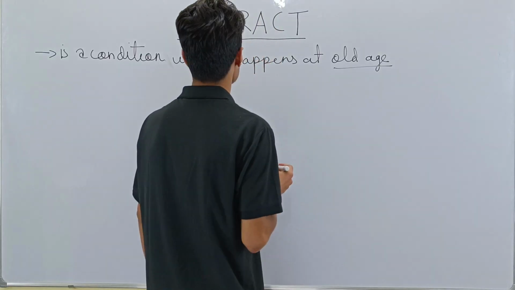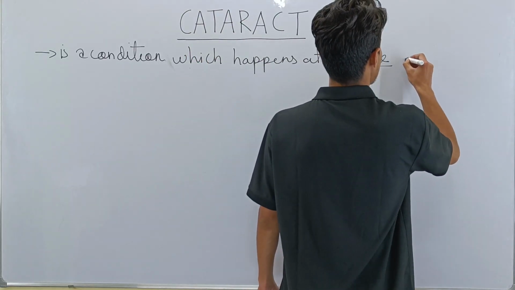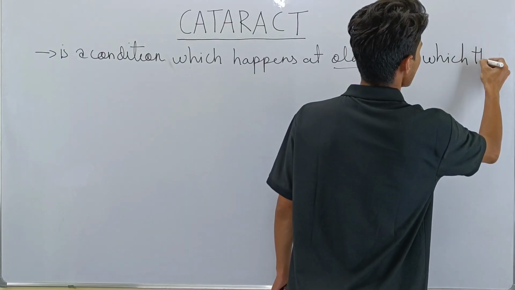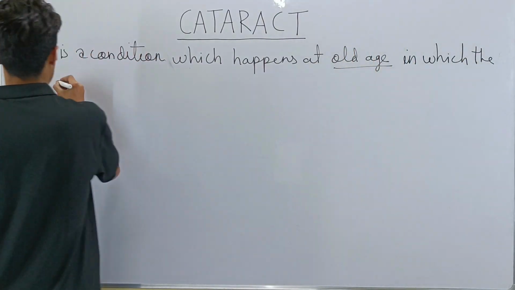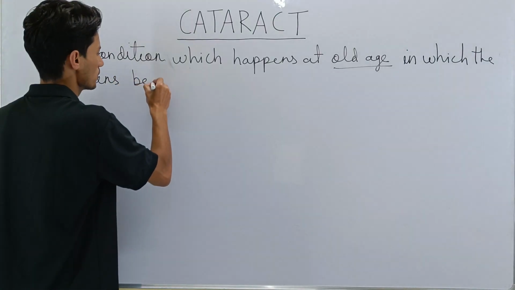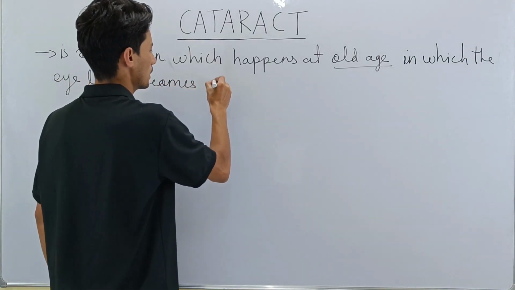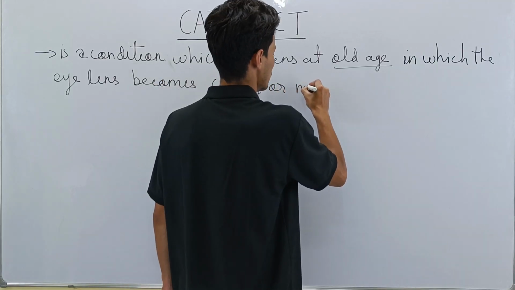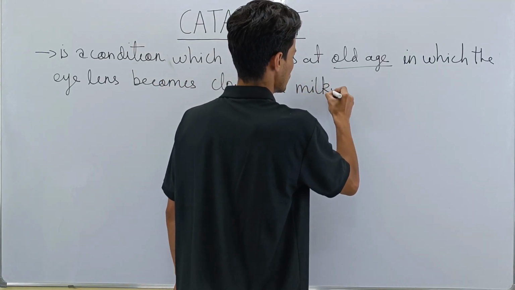So it's a condition which happens at all ages, in which the eye lens becomes cloudy or milky.